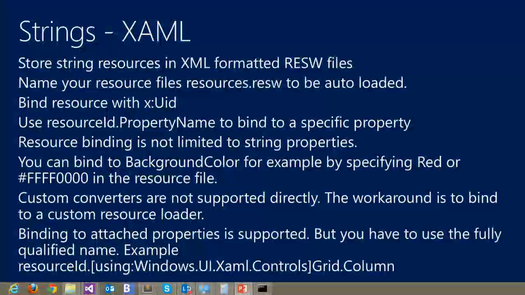All of these properties have built-in value converters, so I can just bind them to my UI. Okay. If I need a custom value converter, there is no built-in way to do that, but you can auto-generate a code file representing the strings, bind it to the UI, and from there you can use custom value converters.